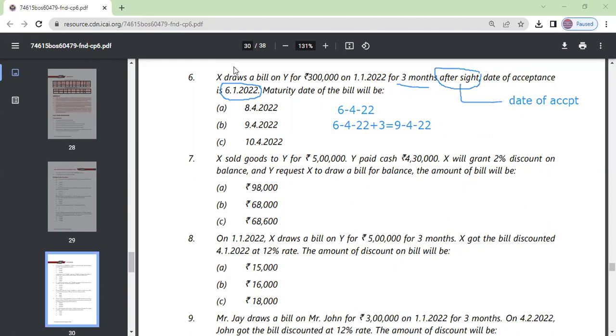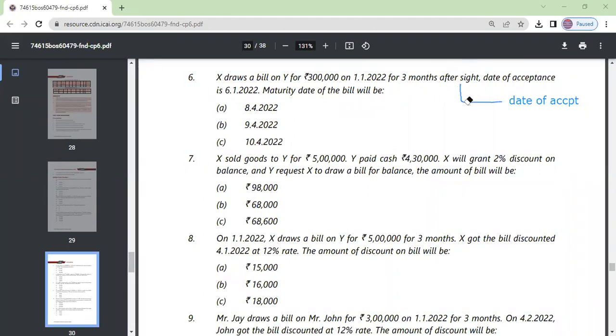Select the option. So option B, 9th April 2022. Read the question carefully. What did they mention, bill after date or bill after sight? Very simple.